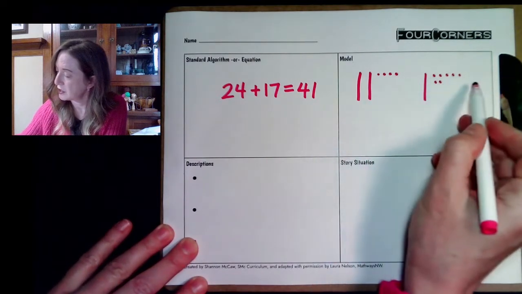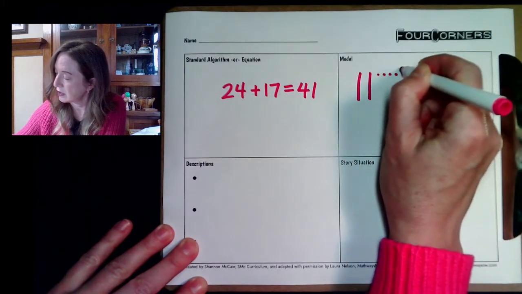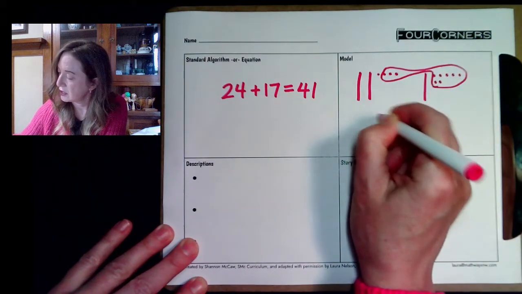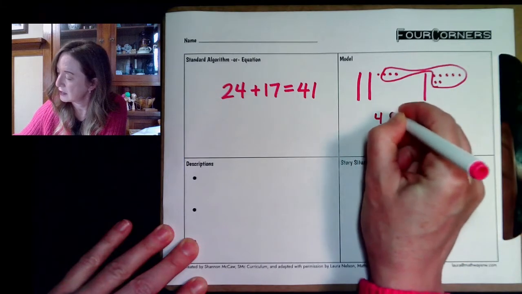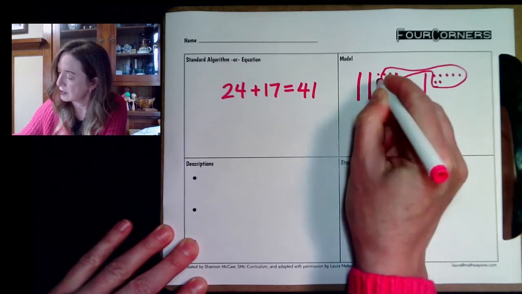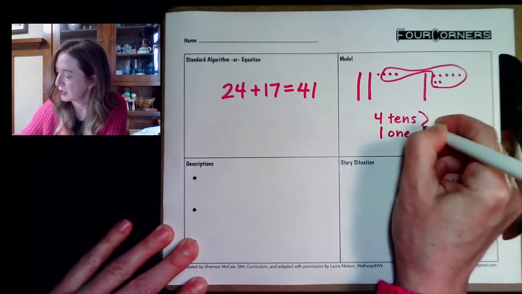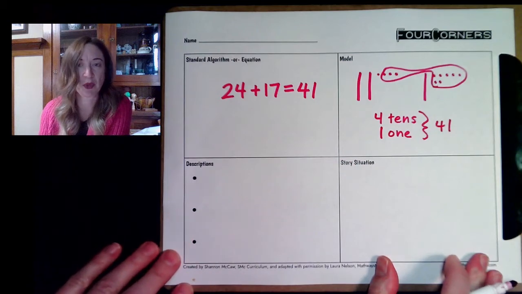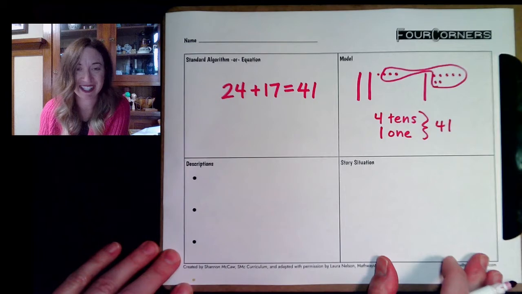If I count all of those ones together, right there, I'll have another set of 10. So I have 1, 2, 3, 4 tens and 1 one left over, which is 41. So that's one way to show a model. You might come up with another model to show, and we'd love to see that.